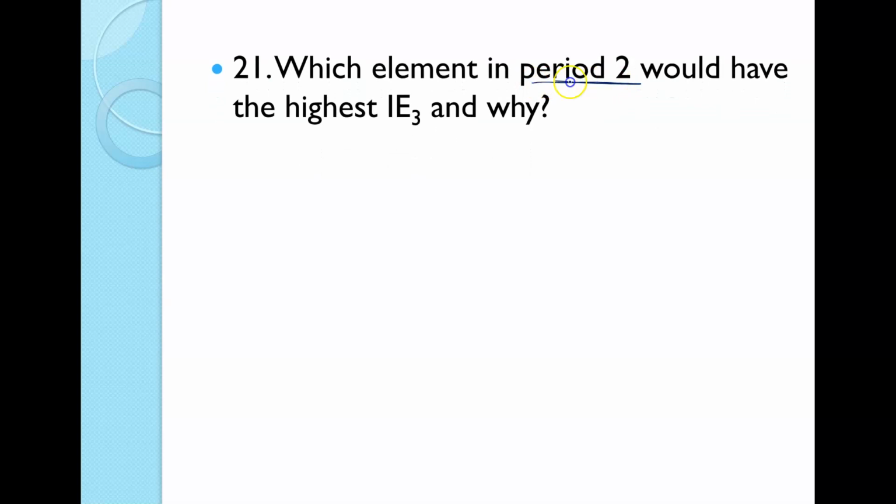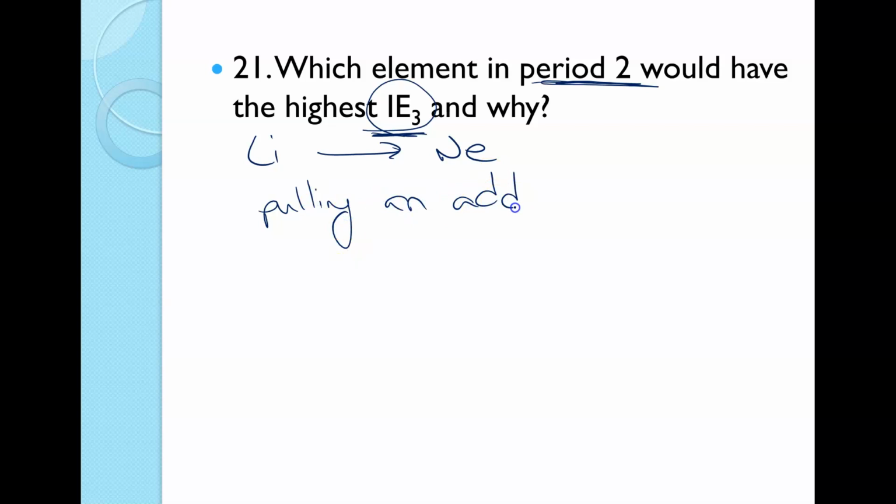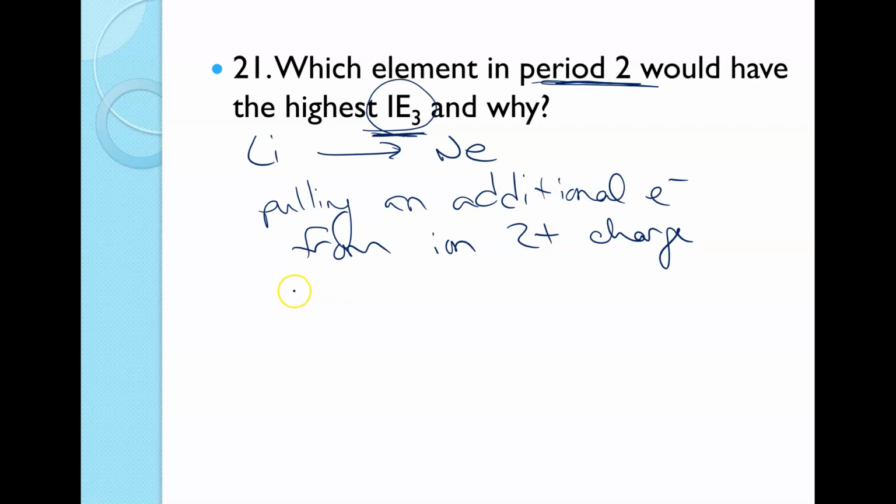So to identify which element in period 2 would have the highest IE3: period 2 means we're looking at anywhere from lithium up to neon. The highest IE3 means you are pulling an additional electron from an ion with a positive 2 charge. That means it has a noble gas configuration at a 2+ charge.